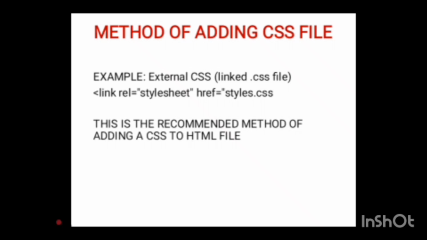The name of the file here is styles.css. This is the recommended method for adding a CSS file to an HTML file, because you can use this same CSS code to run on another program as well.